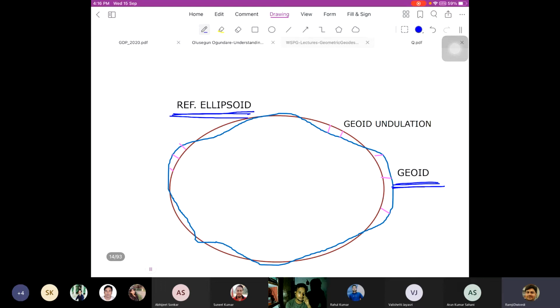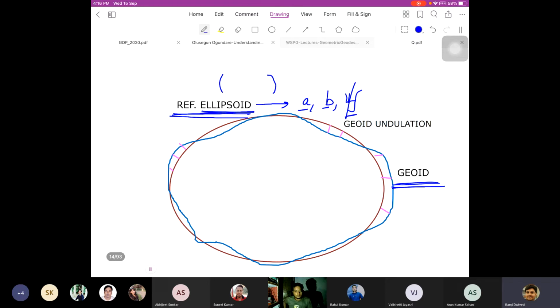The reason is very simple, because the earth is a rotating body with materials like solid and liquid, and it has been a mathematical figure which could define such a phenomenon. Our earth is an ellipsoid, and this ellipsoid has three major quantities, a, b, and f, which we call major axis, minor axis, and flattening. And this is a mathematical surface.